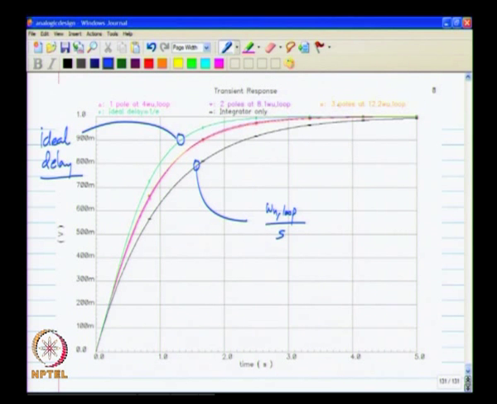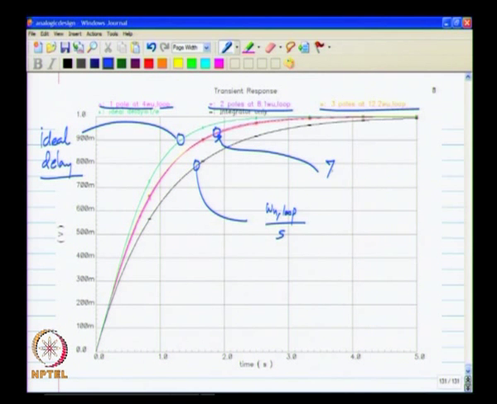In fact, if you look at it, I have plotted with a single extra pole at 4 times omega u loop, 2 poles at 8.1, 3 poles at 12.2. All of these correspond to 76 degrees of phase margin, and you can see all of them are bunched together somewhere here.